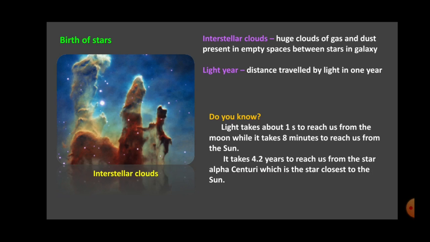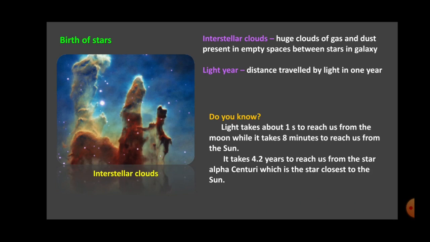Now, what happens? Due to some disturbance, some clouds start contracting. As they contract, their temperature starts increasing, and the cloud becomes a dense sphere of hot gas.